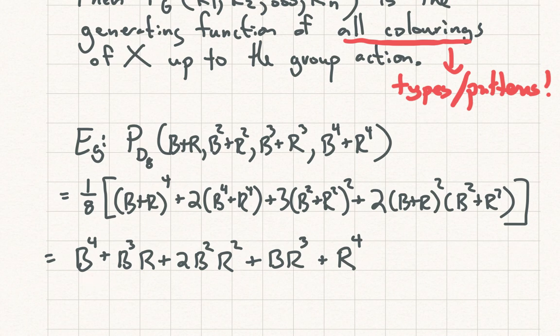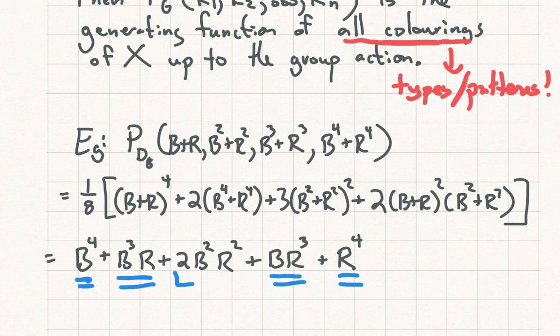And what's really nice is this tells us specifically each of the 6 colorings that are possible up to the group action. So here's all blue, here's all red. We have a coloring that is 3 blue and 1 red, and by group action we can get to any of the other colorings that are 3 blue and 1 red, and then similarly 3 red and 1 blue.